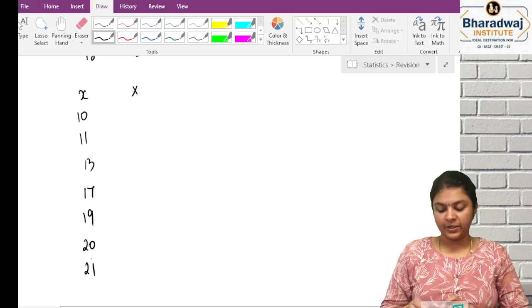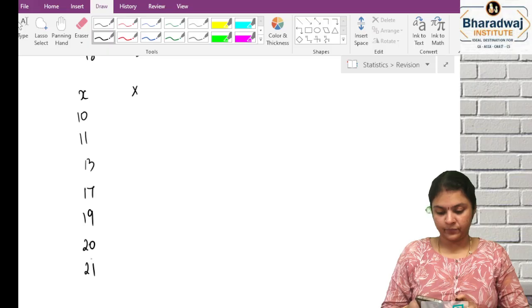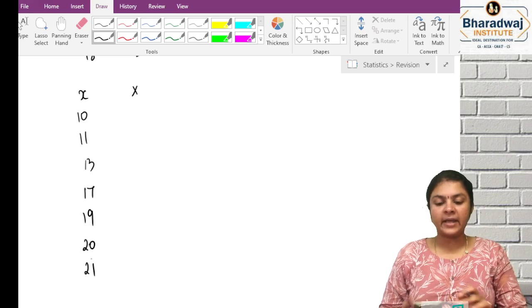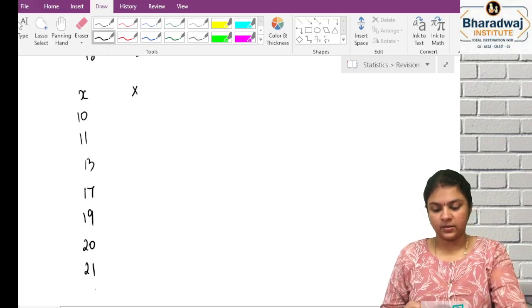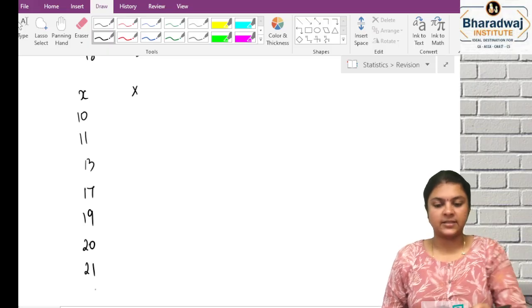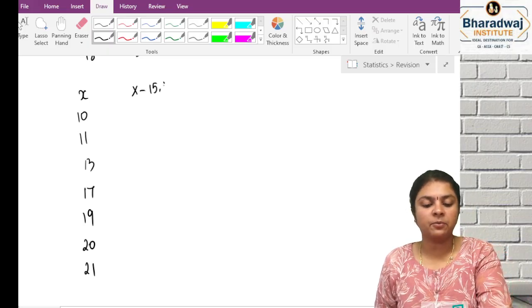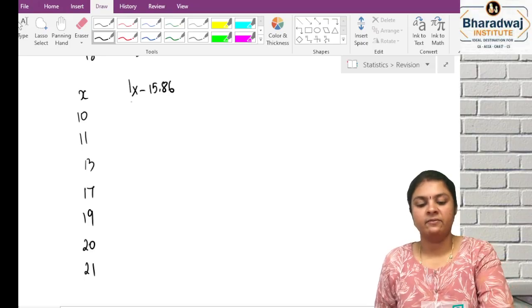X bar amounted to 15.86, which is 10 plus 11 plus 13 plus 17 plus 19 plus 20 plus 21 divided by 7.